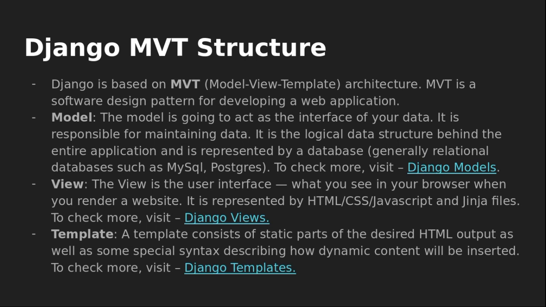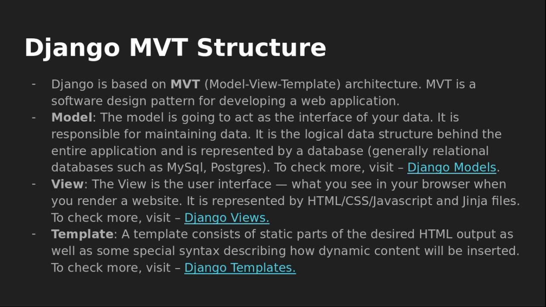And then the last one is the template. A template consists of the static part of the desired HTML output as well as some special syntax describing how dynamic content will be inserted. So a template is nothing, it's just a .html file.